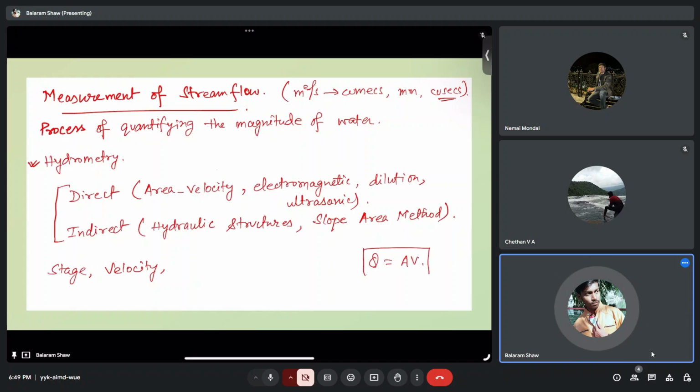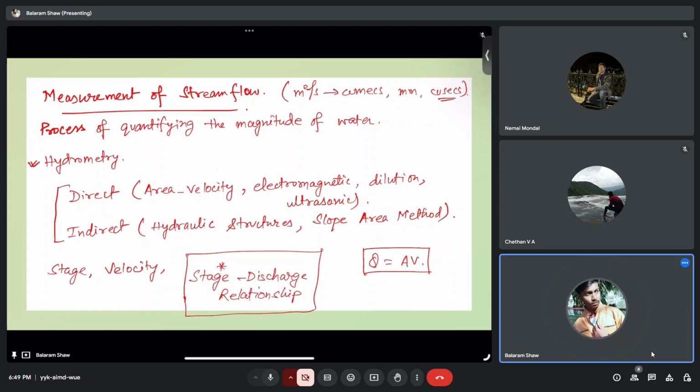So from this we get the discharge data or stream flow data. Okay, so like that there are several things that we have. Most commonly used is the stage discharge relationship. We call this the rating curve. We'll see that rating curve first.